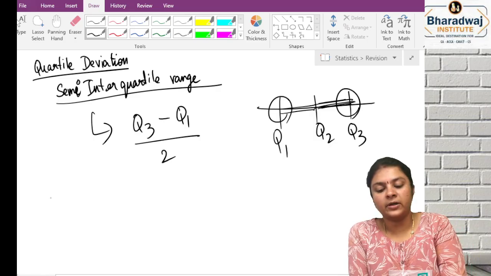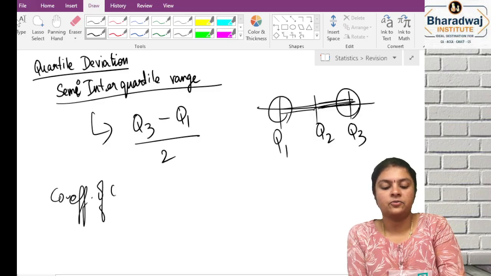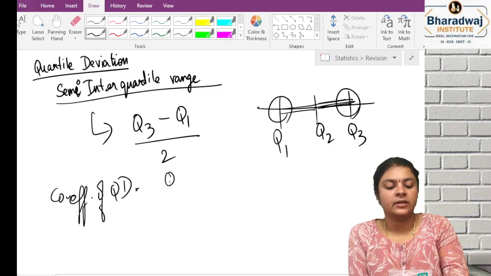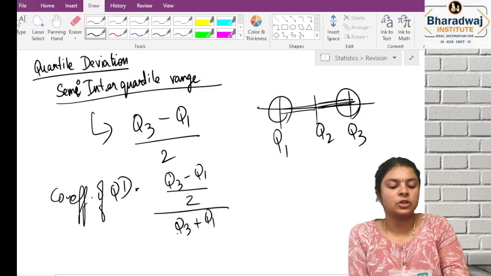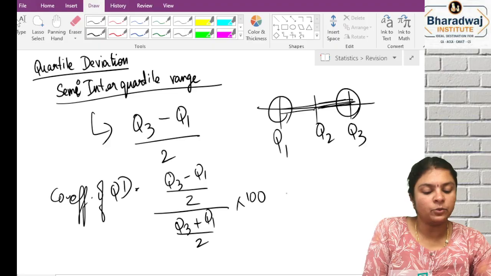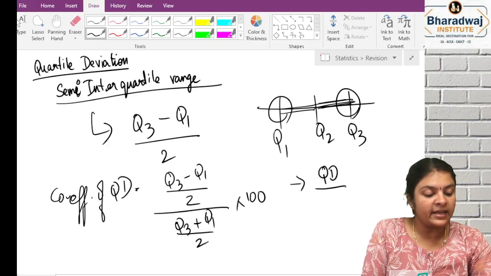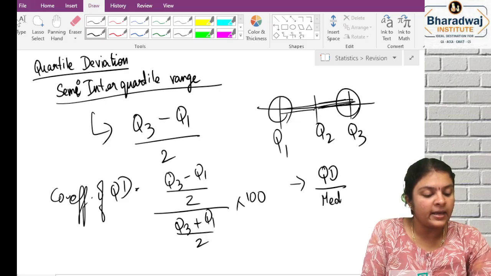So now, what is the coefficient of quartile deviation? It is Q3 minus Q1 by 2 divided by Q3 plus Q1 by 2 into 100. How can we write this? Q3 plus Q1 by 2 is nothing but median. So we can write it as quartile deviation divided by median into 100.